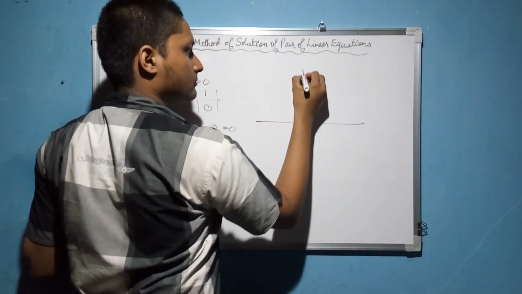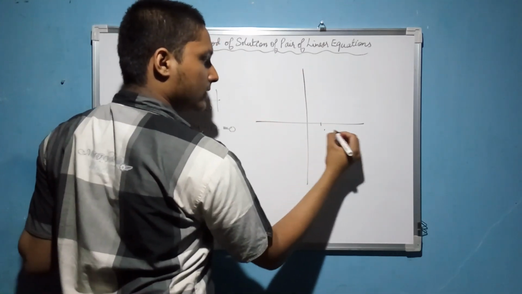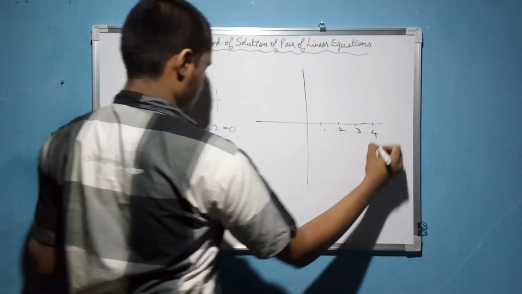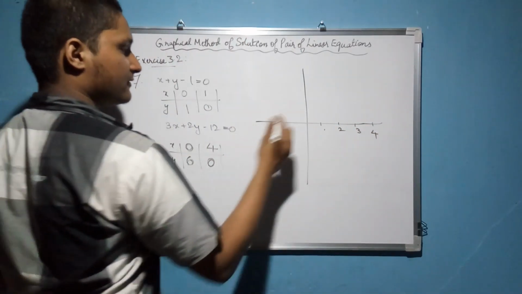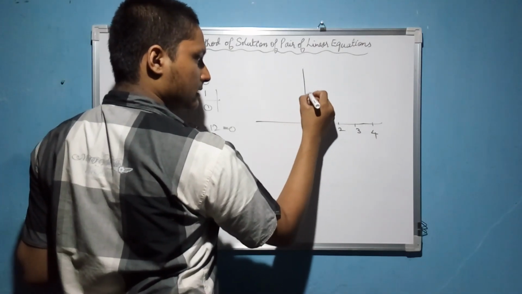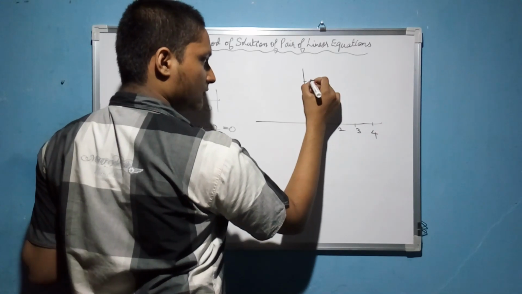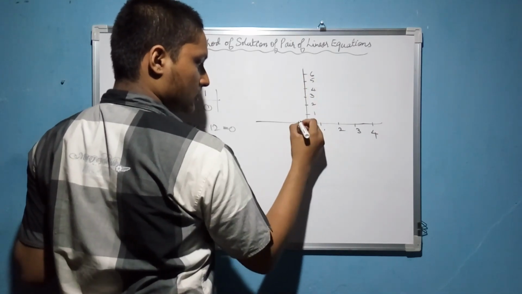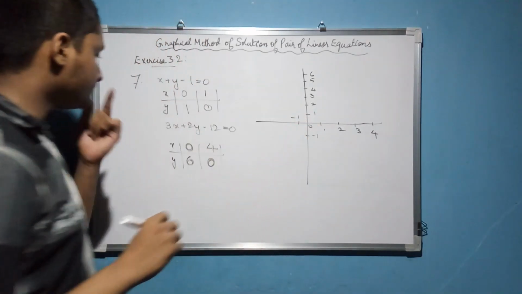This is 1, 2, 3, 4. 4 is enough. Here I need 6: 1, 2, 3, 4, 5, 6. Then 0, minus 1. These many are enough.